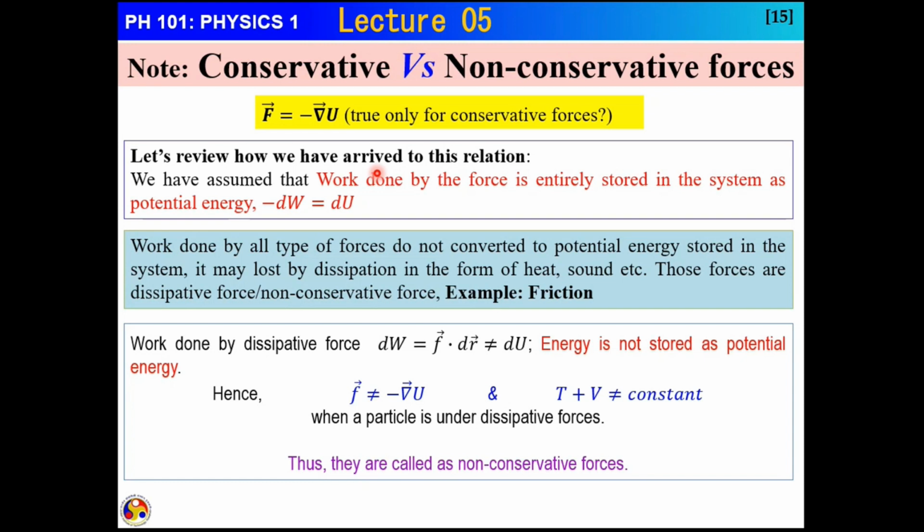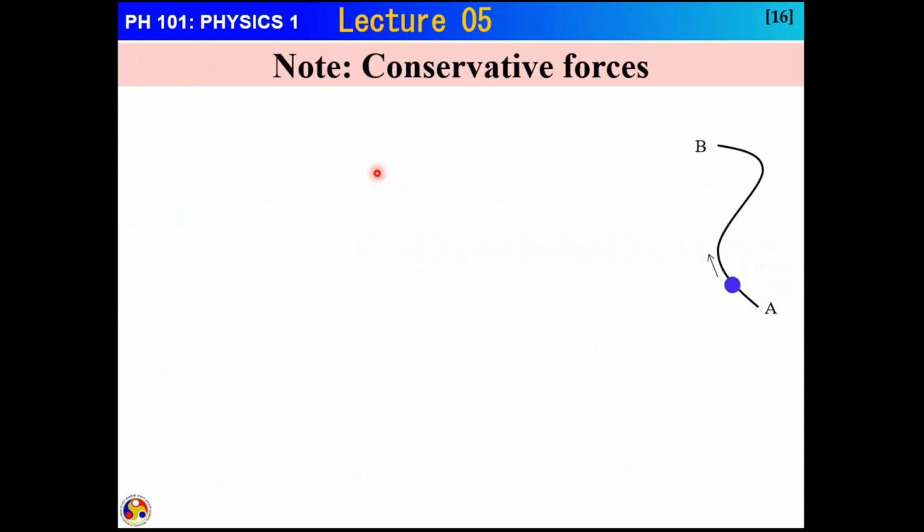So work done by the dissipative force is dW equals F dot dr, which is not equal to the change in energy. And hence the conservation of energy and F equals minus grad U is not applicable to these non-conservative forces.